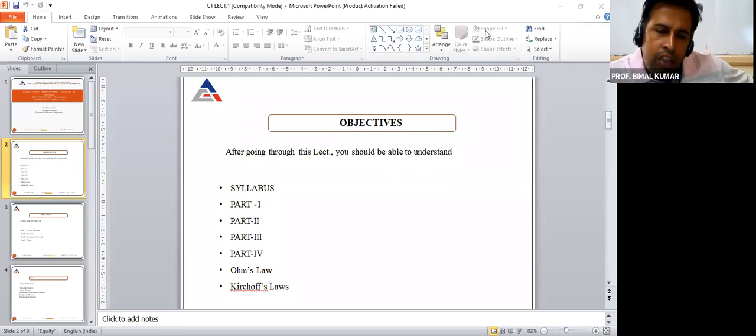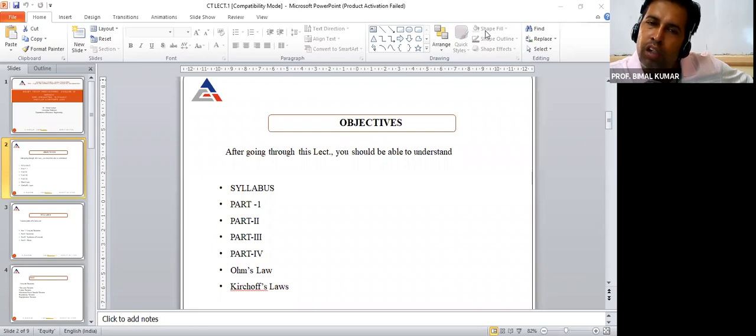So for designing, we are having two different techniques. One is Foster form, F-O-S-T-E-R, and second is Cauer form, C-A-U-E-R.